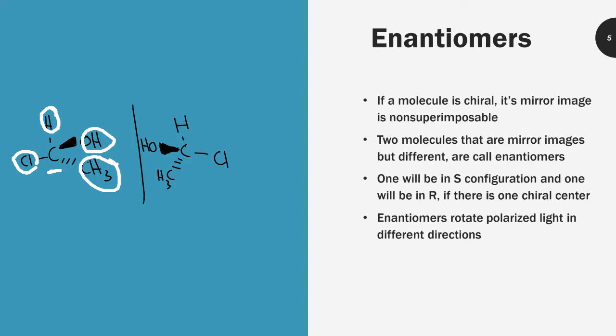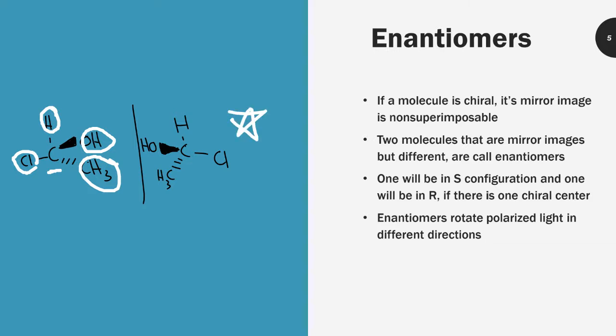So there's 4 different groups. I know this is chiral, so I already know that its mirror image is going to be different. If I reflect this over a mirror plane here, it gives you this, which is a different molecule.